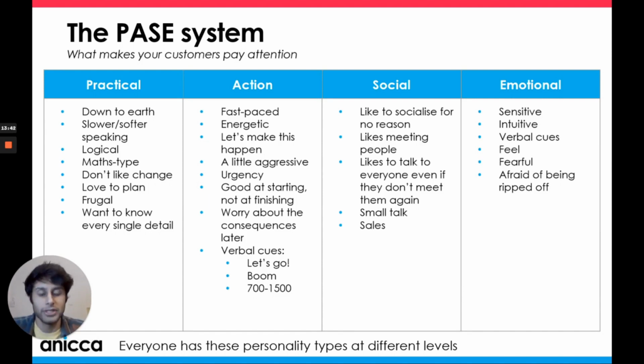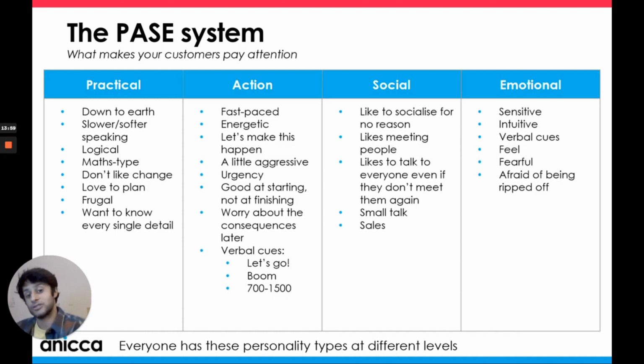Social people. So the social personality type. These are people who like to socialize for no reason. They love socializing. They like people. They like meeting people. They like to talk. They like to talk to everyone, even if they don't meet them again. They enjoy small talk as well.